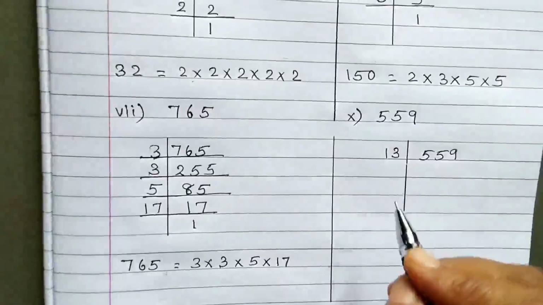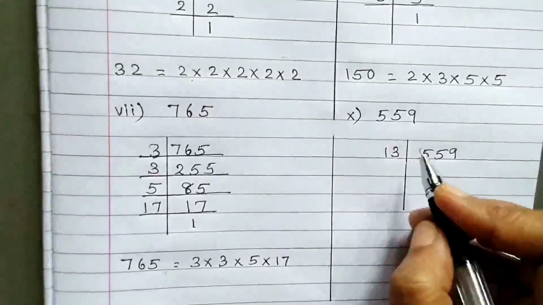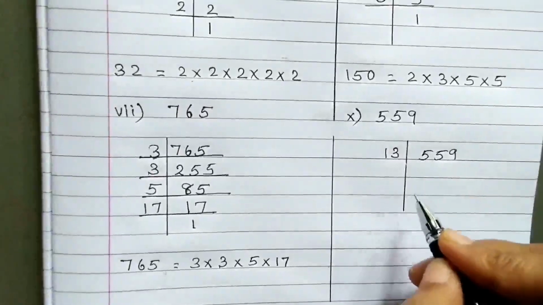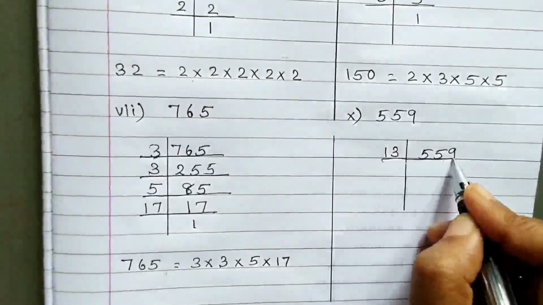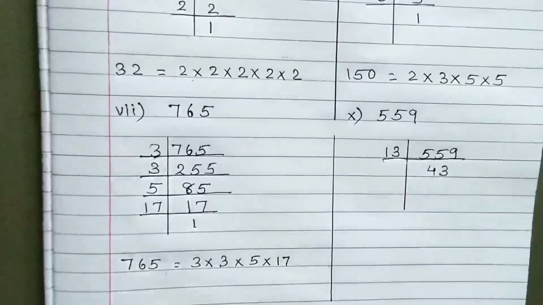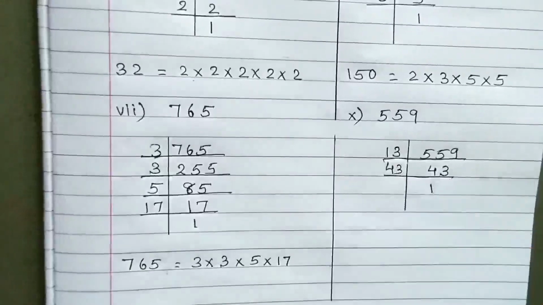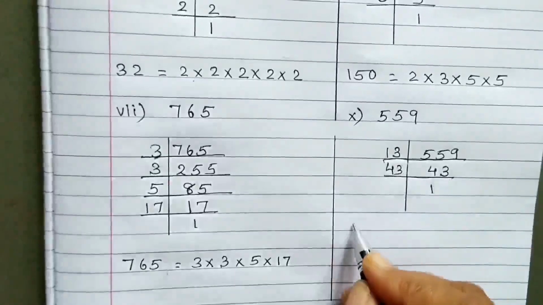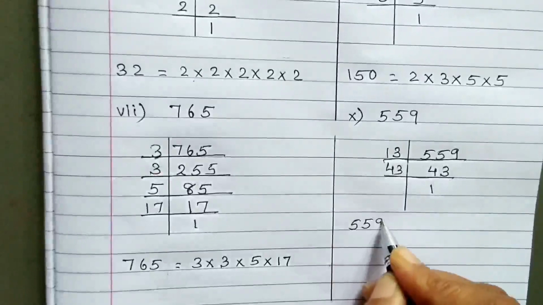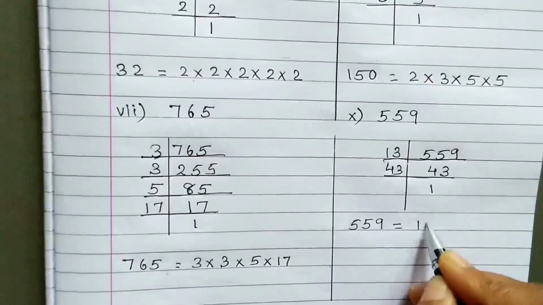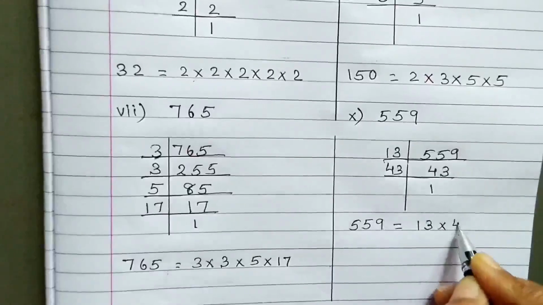If you divide 559 by 13, the answer you are going to get is 43, which again is a prime number. So 43 will be 1 time. So how will you write? 559 is equal to 13 multiplied by 43.